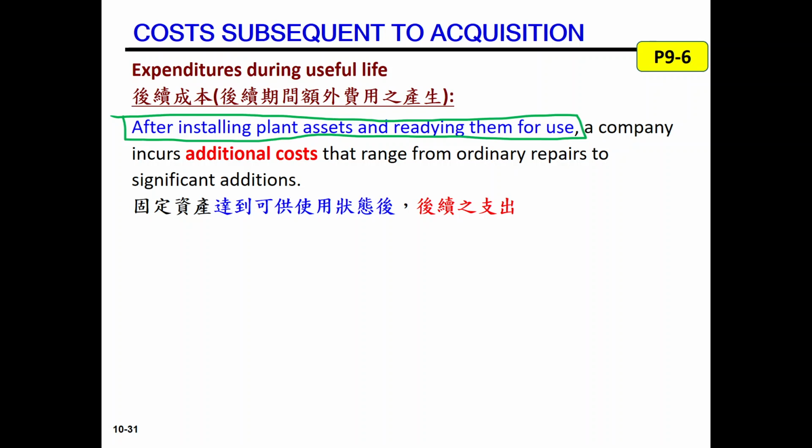Gas, right? Electricity. Or maybe you had to pay small money to repair your motorcycle, your computer, your laptop, right? So the second issue we talk about is after you start to use it, any additional money you paid, okay? So it's after the first day, the additional money you paid.